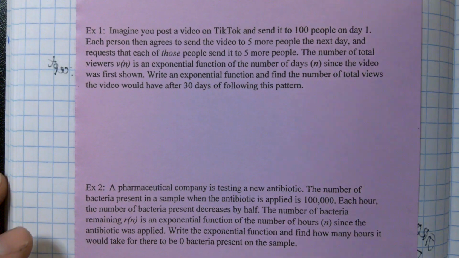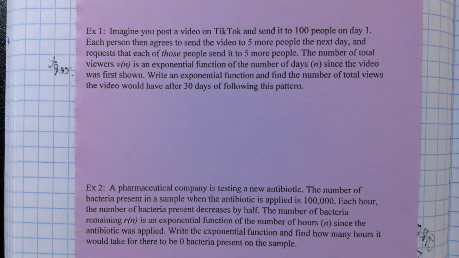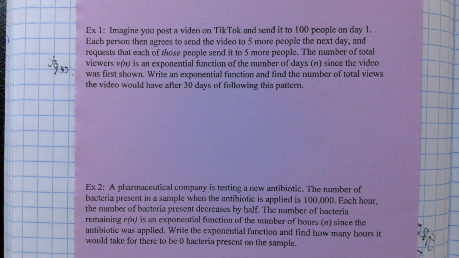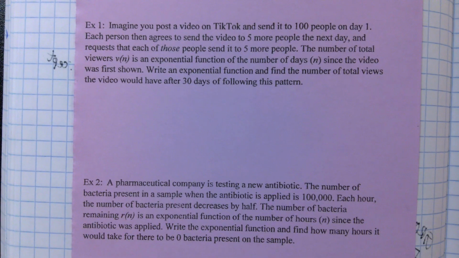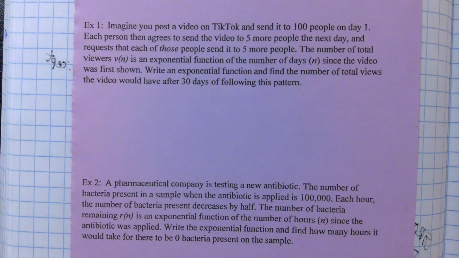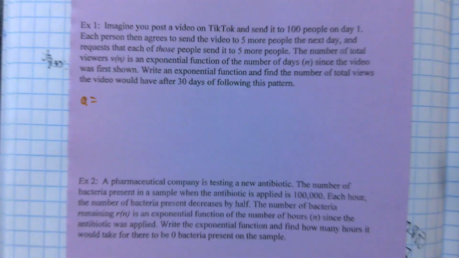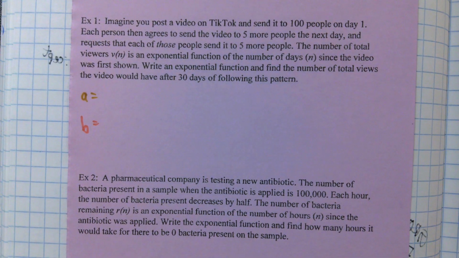All right. So there's a lot of numbers here. I see 100, I see a 1, I see a 5, I see a 30. So we got to figure out what numbers mean what we need them to mean for us. A was yellow, B was pink. A is my initial value, right?